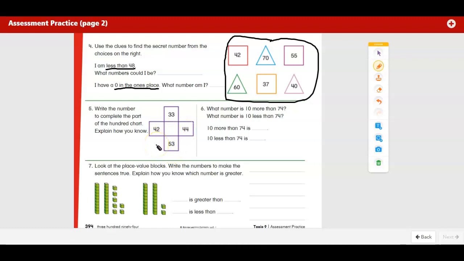So remember, when you are working with a 100 chart, whatever number you're missing, the number to the left is 1 less, and the number to the right is 1 more. The number above it is 10 less, and the number below it is 10 more. So if you were counting 42, what number comes next? If you were counting by tens and saying 33, if you add 10 more, what number would come next? Write the number in the blank for number 5.